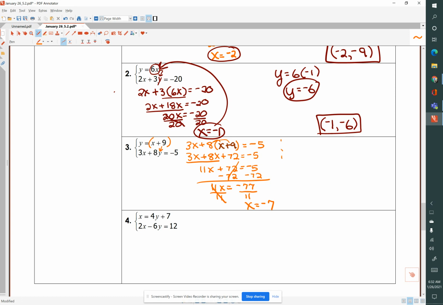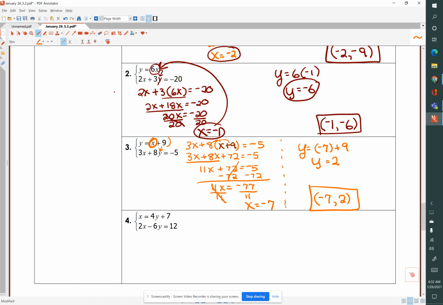Halfway there. Now I'm going to take the negative 7 and substitute it for this x right here. So y equals, use parentheses, negative 7 plus 9, so y equals 2. Now let's put them together. Our x value, negative 7, our y value, 2. And that's our final answer.